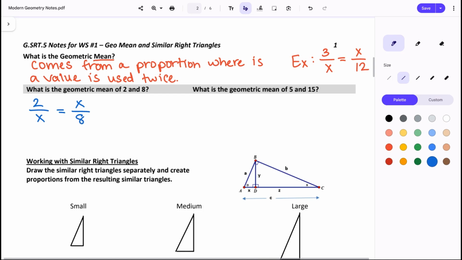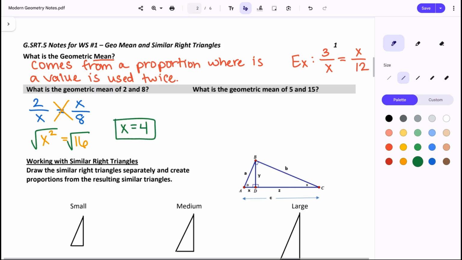And then we would cross multiply, and I would get x squared equals 16. Now, how do we get rid of a squared? You square root it, right? So we square root both sides. What is the square root of 16? Good, 4. So we would say x equals 4.